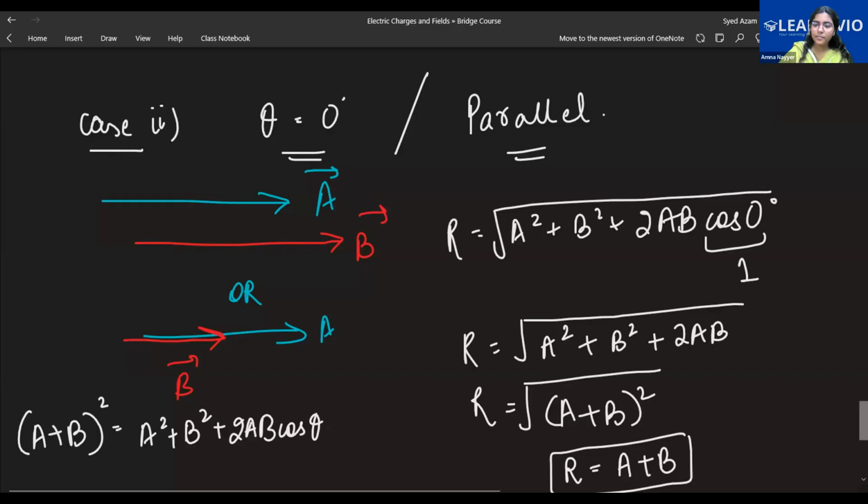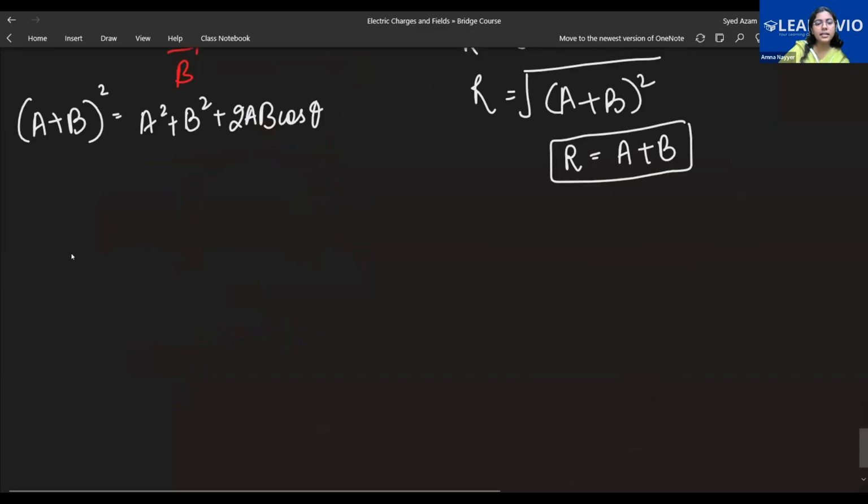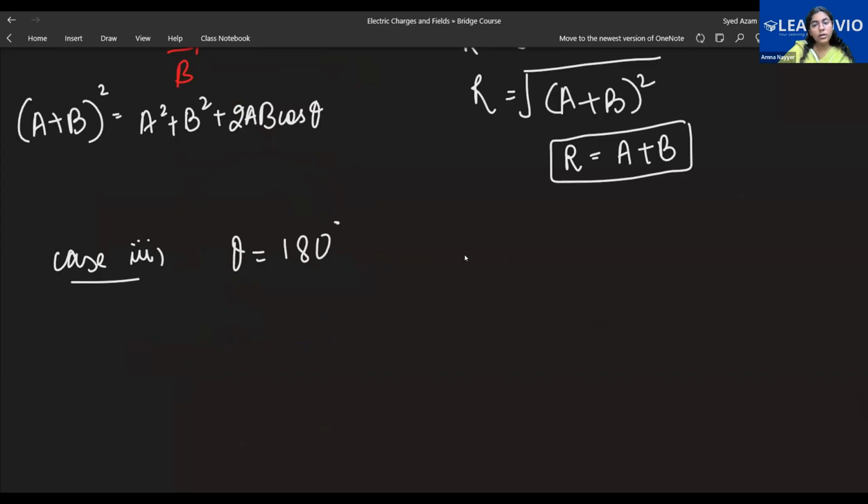Yes, ma'am. Then case 3. If theta is 180 degree, or you can get the question with the term anti-parallel also.